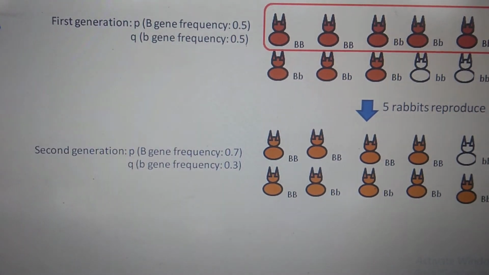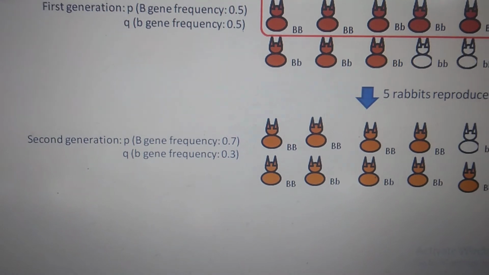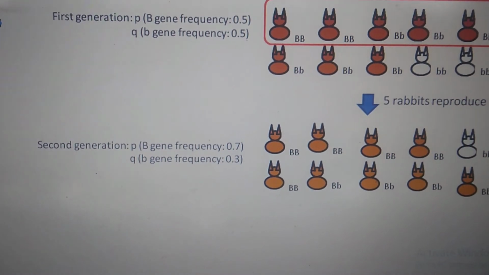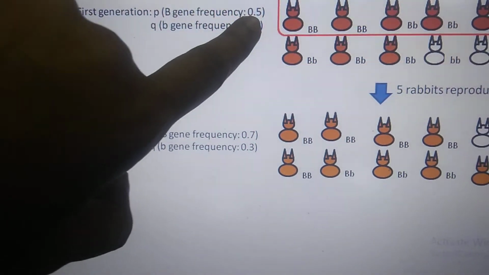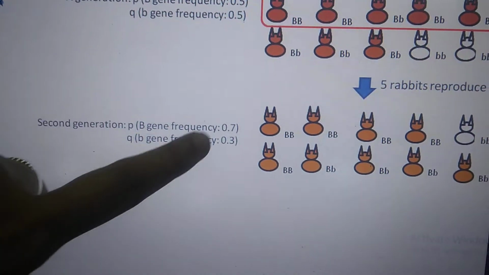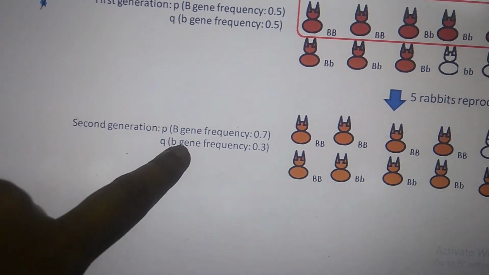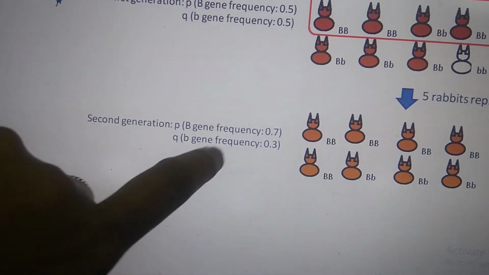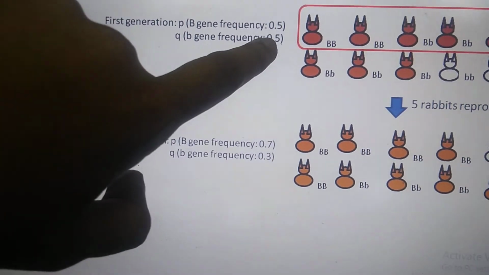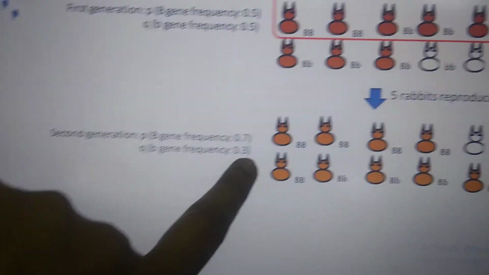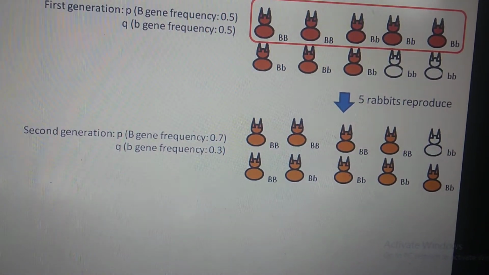The capital B allele frequency here is 0.7, while in the first generation it was 0.5. And the lowercase b, the recessive allele, its frequency decreases from 0.5 to 0.3. So we can see this change here.